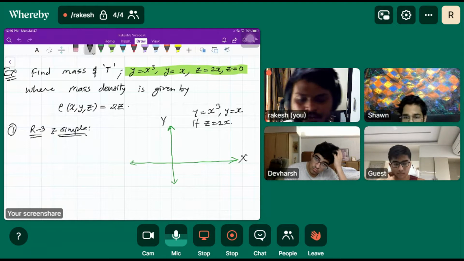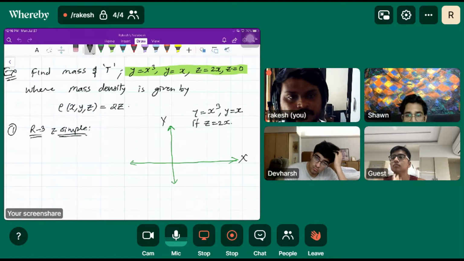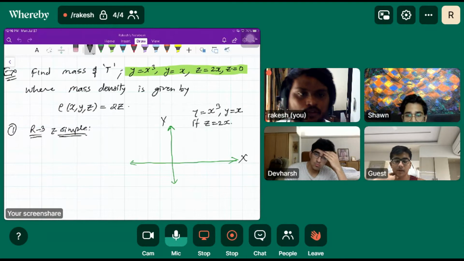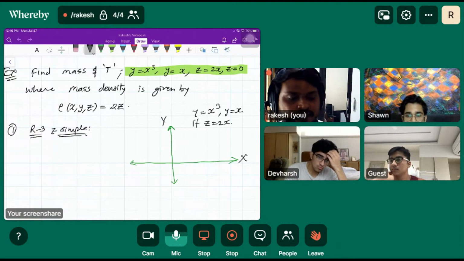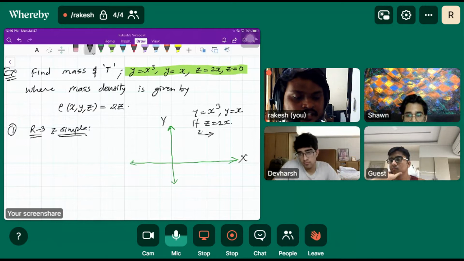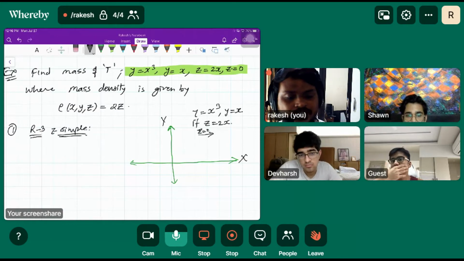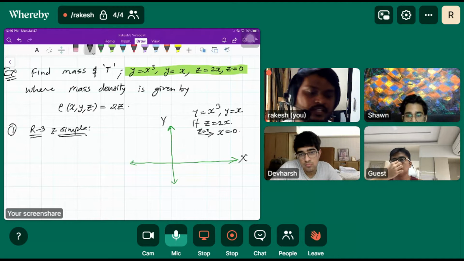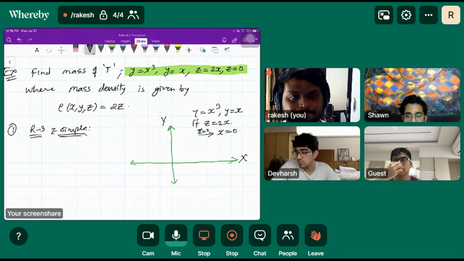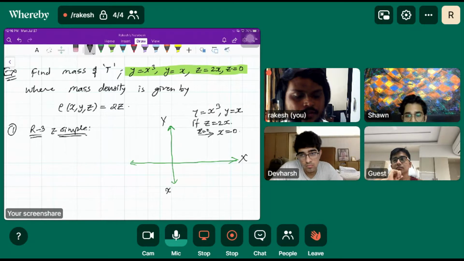On the xy plane, z is 0. So if you set z is 0 here, x is also 0. So x is equal to 0 is which axis? Y axis.